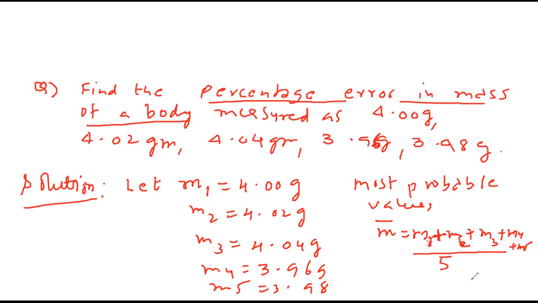Please copy this much first. Most probable value is arithmetic mean of all the observations. So here we have total 5 masses. Therefore, M1 plus M2 plus M3 plus M4 plus M5 divided by 5.